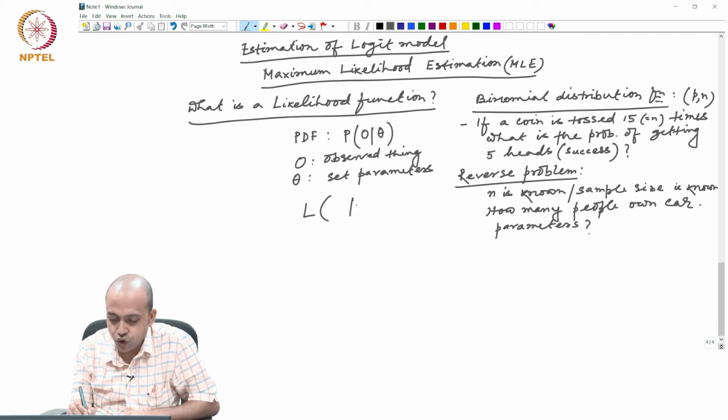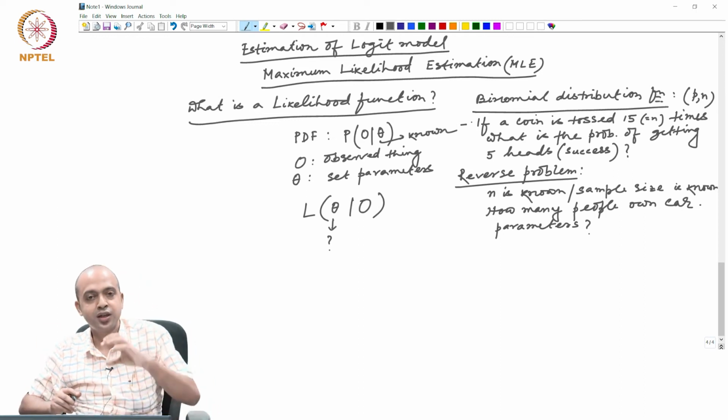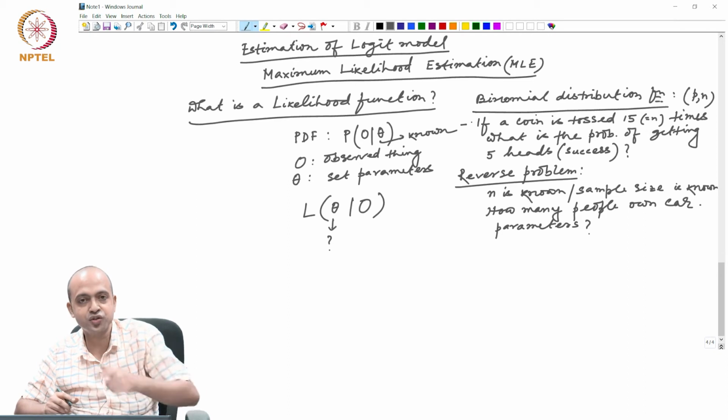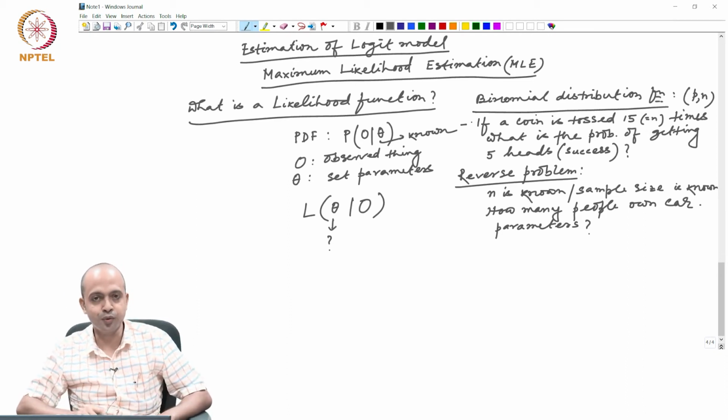I already know that, that is known to me. What I try to find out is theta. So, this is unknown, that means parameters are unknown. Here this is known. That is why I say that likelihood function is just the reverse of probability density or distribution function, right.